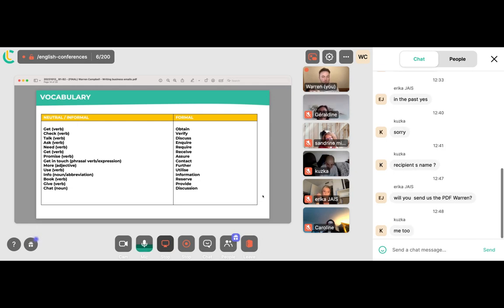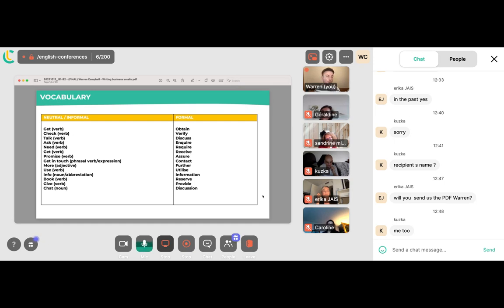With the mix of words that we have on the left column, in English, we see them as more neutral, maybe a little bit informal. On the right, I have provided you with some great examples here to make yourself sound more professional.